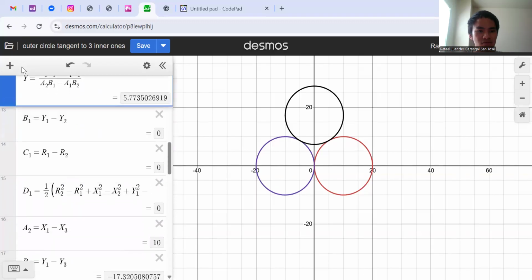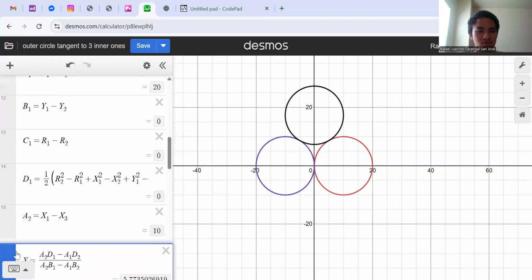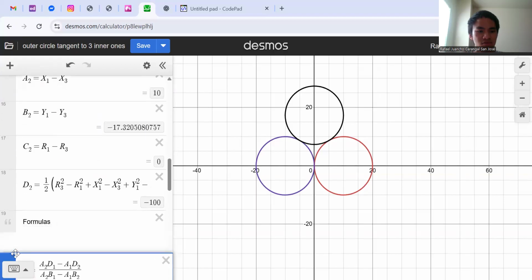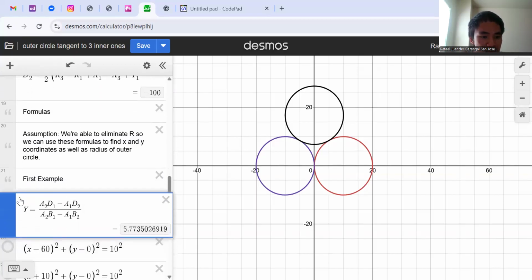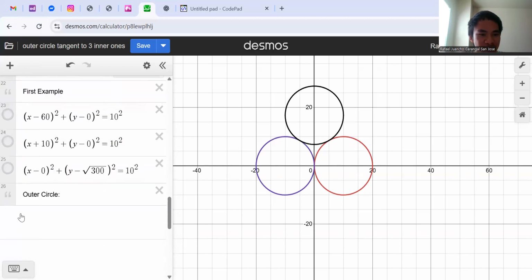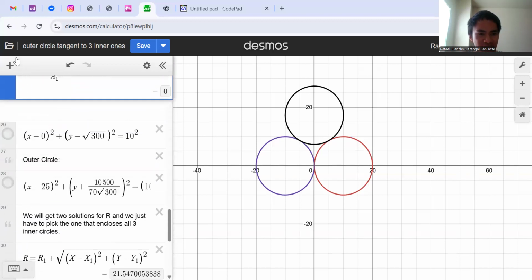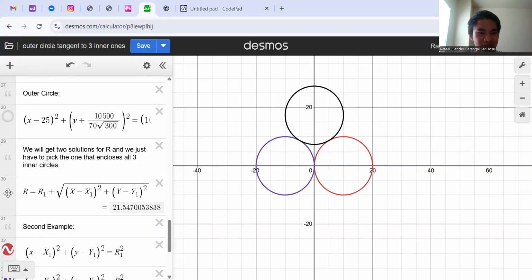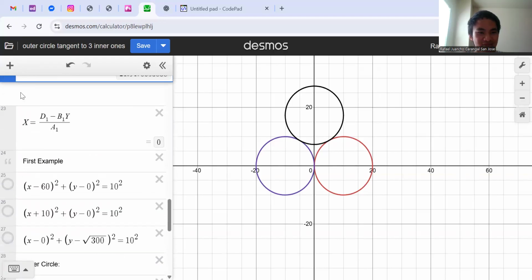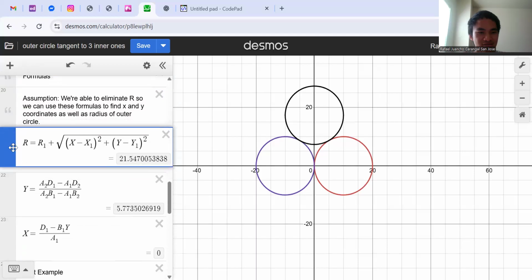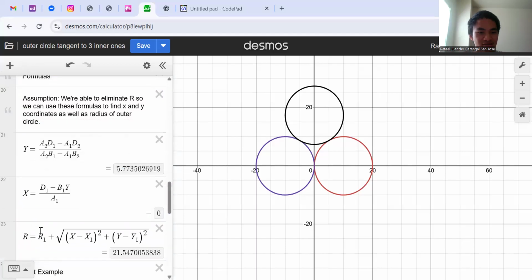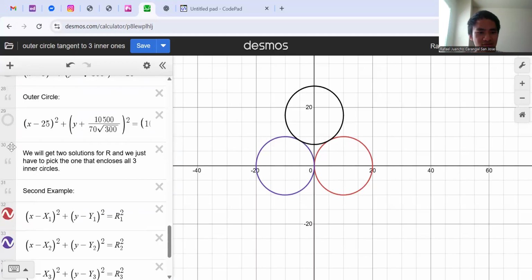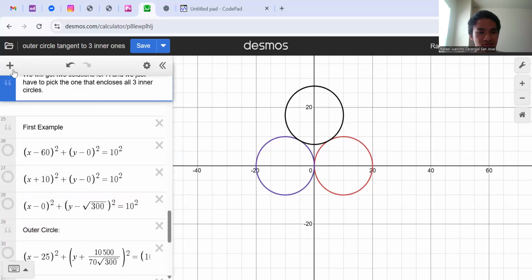Wait, where's the... Oh, let me... Where am I putting it? There. Then my X. And then my R. And yeah, we just have to choose.